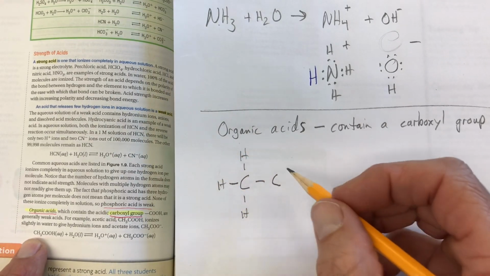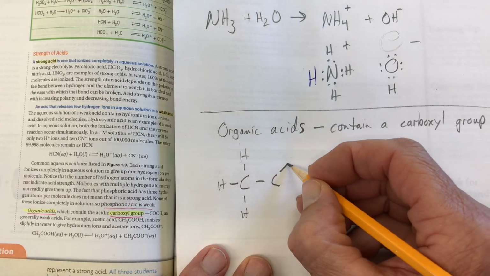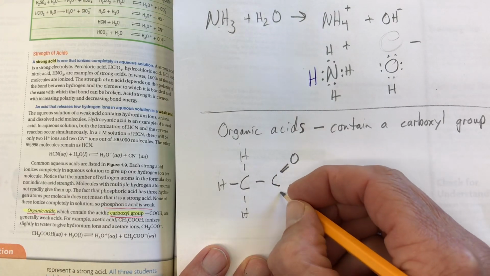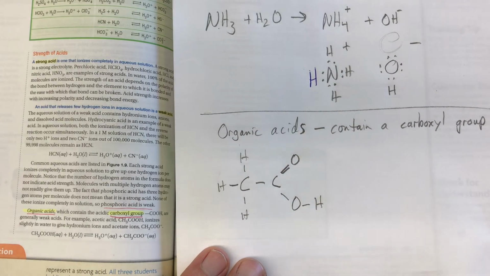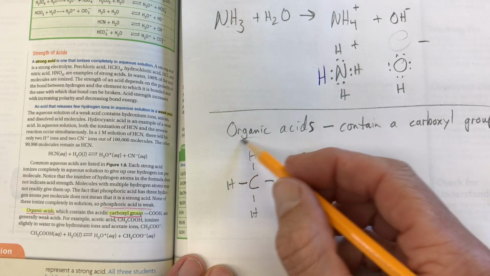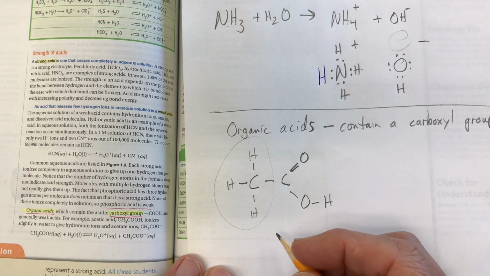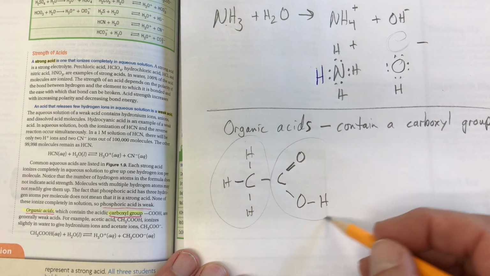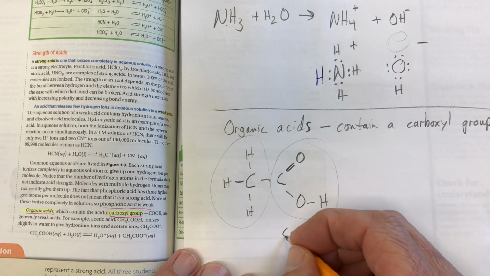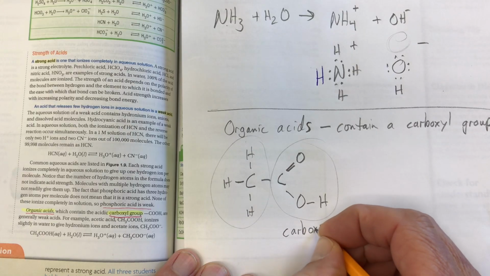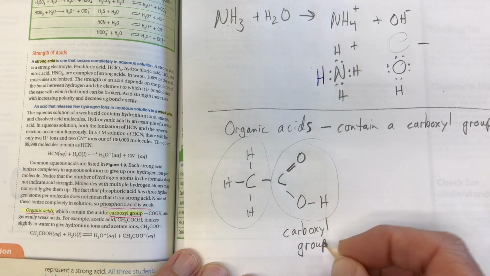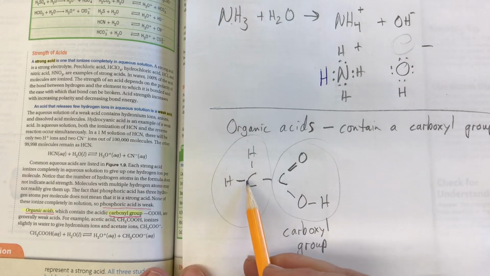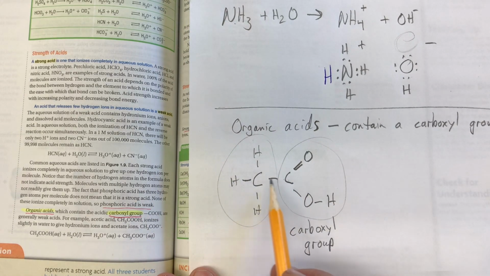See, there's the CH3, and then there's the C, double bond O, another O, and an H. So this is the organic part, and this is what we call the carboxyl group. So we could attach this to many carbons. It doesn't have to be just one.